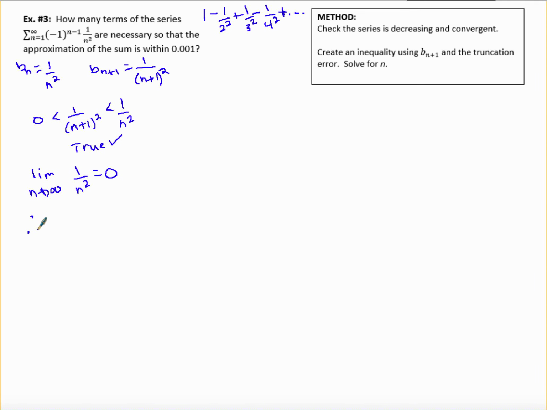So we do know that the sum converges. What I don't know is what it converges to. So I'll just call it S, the sum, by the alternating series test.